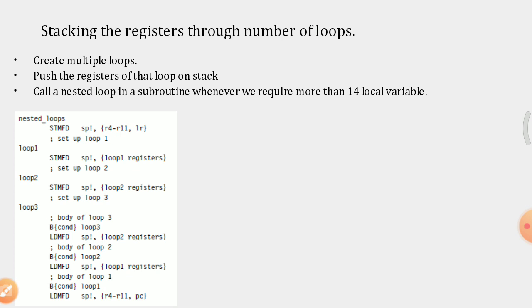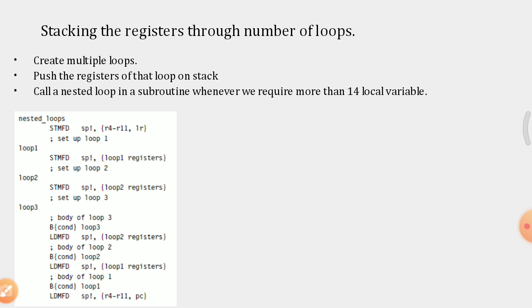In loop 3 we are going to write the body of loop 3, that is whatever required operations are there, we are going to write in loop 3. Whenever we want to call the registers, we will just take them back from loop 2, loop 1 and the nested underscore loops.